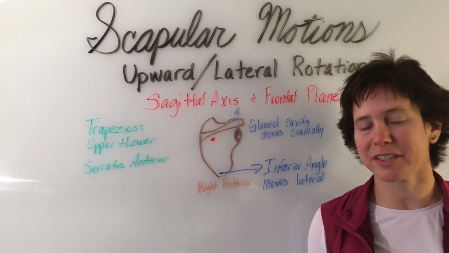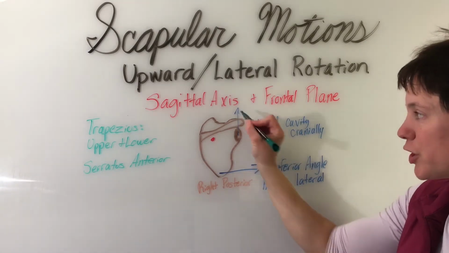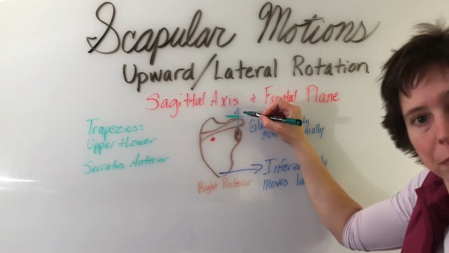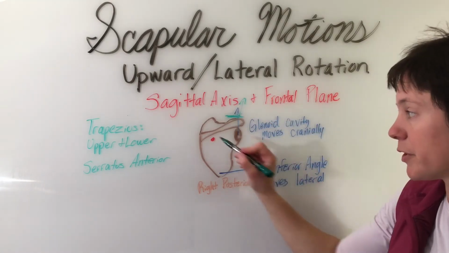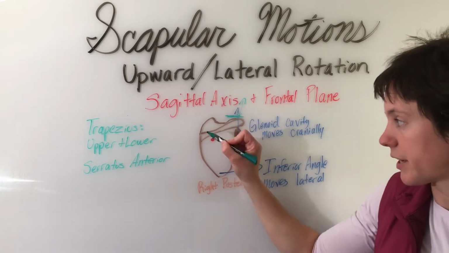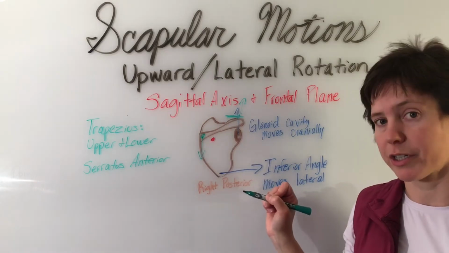The upper trapezius attaches to the lateral clavicle, which is not drawn here, but we will draw it here anyways, and it'll help pull in the cranial or superior direction. The lower trapezius attaches to the triangle at the base of the spine, and it will pull in an inferior or caudal direction.